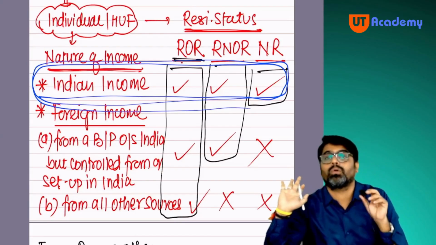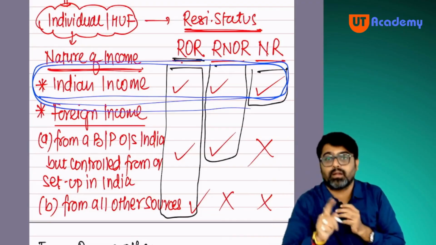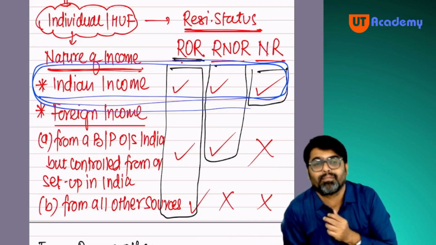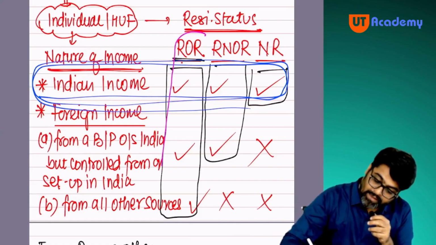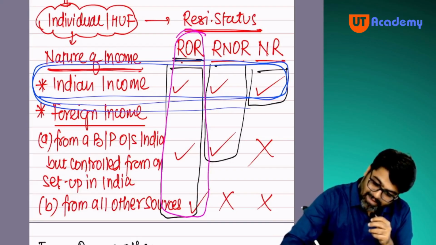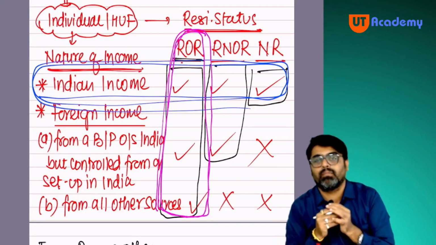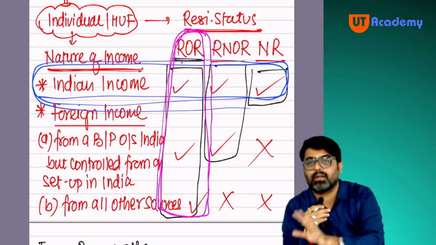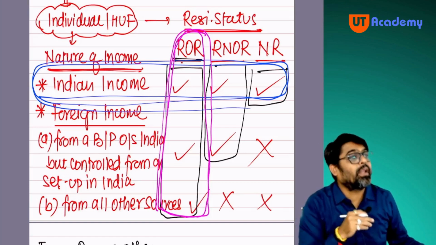We don't know who you are. If you have earned income from my country, you are going to pay tax in my country. Source rule. And now pay attention. If you are a resident in my country, wherever you have earned the income, you will pay tax in my country. Residence rule. India follows the combination.